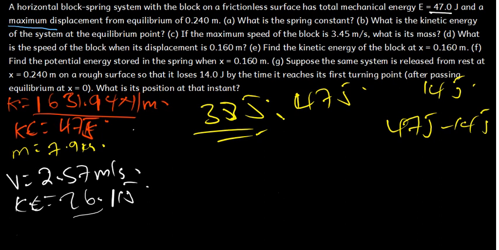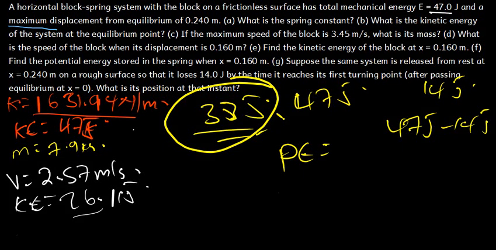Now, what was the position at that instant? Okay, so now we want to find the position. We do know that at this point the mechanical energy is going to be equal to the potential energy.